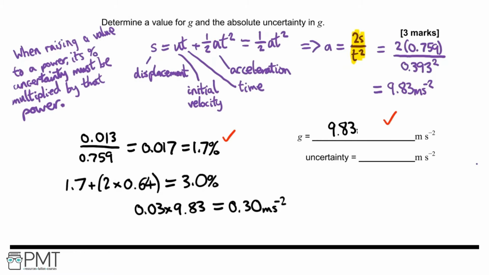Now, the uncertainty must have the same number of decimal places as the actual value itself. So the way that we would truly write this is as follows, but writing it as 9.83 is fine. So just to summarize that final mark there, you would get the third mark for correctly calculating that uncertainty to be 0.30 meters per second squared.